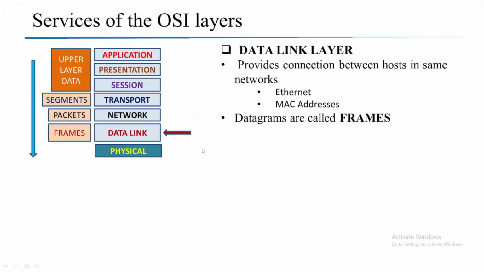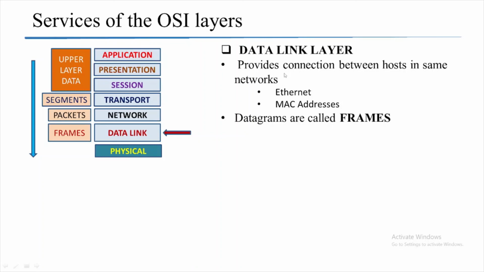And the second layer is the data link layer. The data link layer provides connection between hosts in the same network, unlike the network layer, which provides connection between hosts in different networks. It's exactly where switches appear, right?